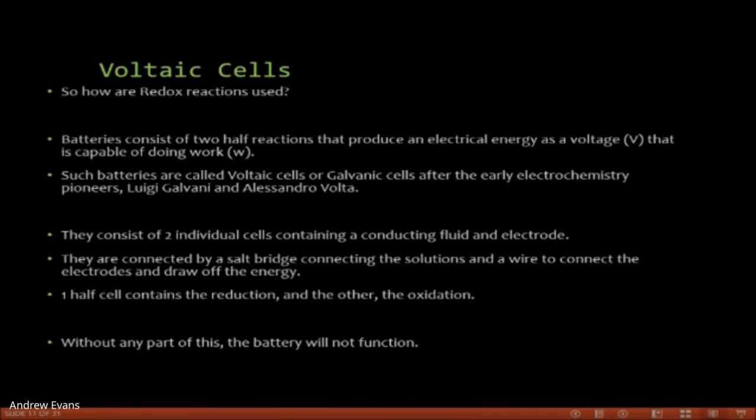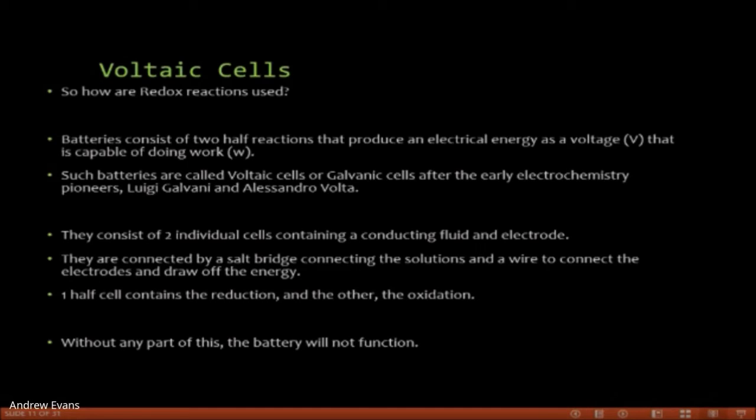Now, batteries are called voltaic cells, often called galvanic cells, named after early electrochemists like Luigi Galvani or Alessandro Volta. But essentially, these are cells that consist of 2 individual cells with a conducting fluid and electrodes. So 2 half reactions are going to occur in a solution.